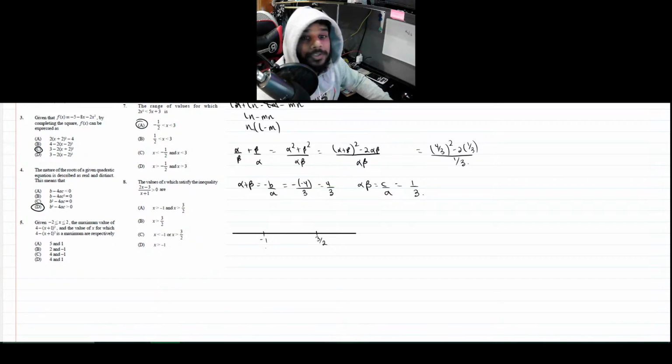Minus 3 over 1 is not greater than 0. So in this case, 1 and 3 is satisfied. So x is less than 1 and x is greater than 3 over 2. This is supposed to be 'and' though. I don't like this 'or', it's not 'or'.